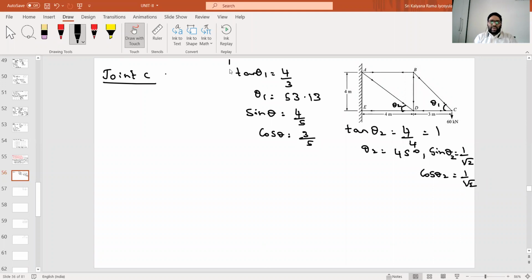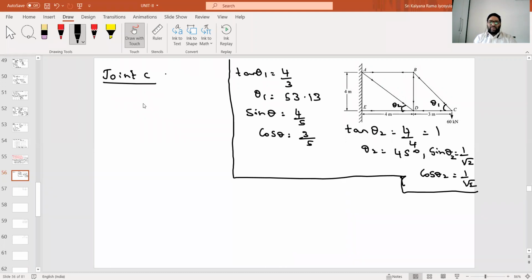These are the basic preliminary values with respect to theta which we require before starting a problem. So this is 45 and this also will become the same.